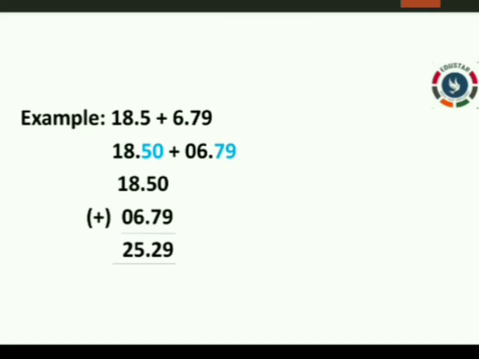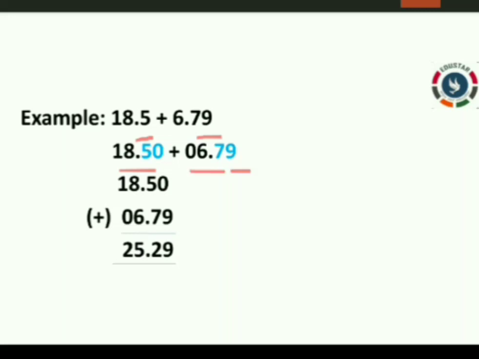You have to add these two decimal numbers. First, you have to check the decimal part. Here you have 1 decimal place, here 2 decimal places. So the first step, you have to convert these unlike decimals into like decimals. In the first one, 18.5, you do not have the 100th place, so you can add 0 in the 100th place. So 18.50 and 6.79.